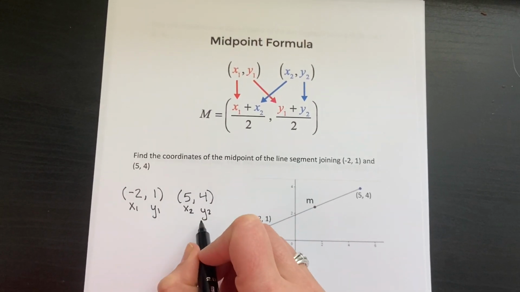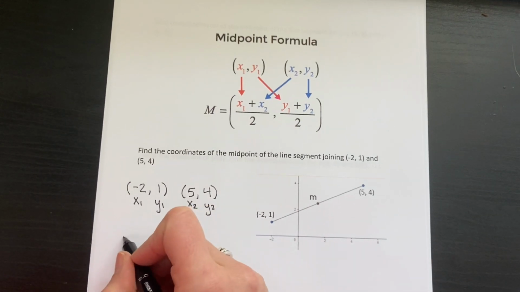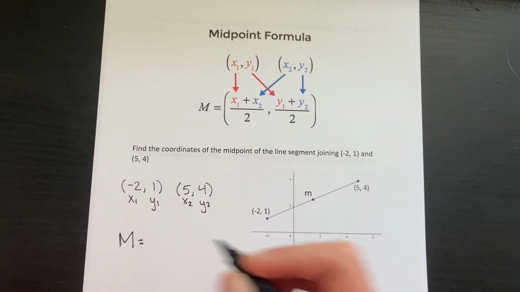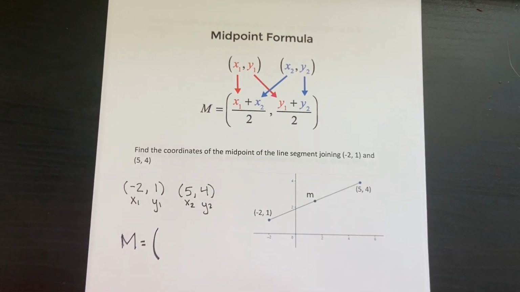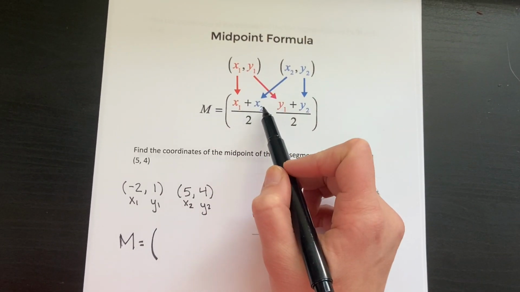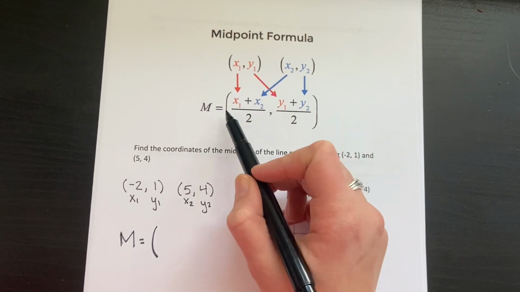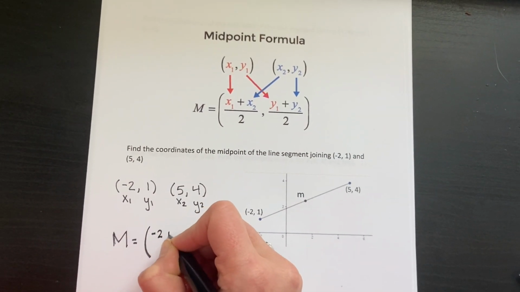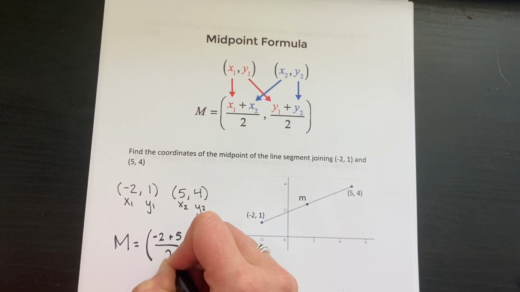Okay, so we're going to plug our numbers into our midpoint formula. So we know that the midpoint is a coordinate, and it's going to be our two x values added together. So x1 plus x2 divided by 2. So it's going to be -2 plus 5 divided by 2.